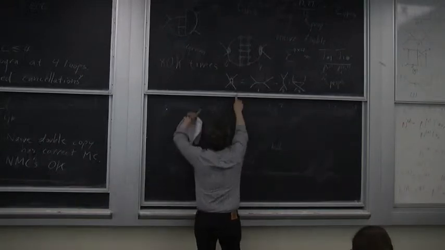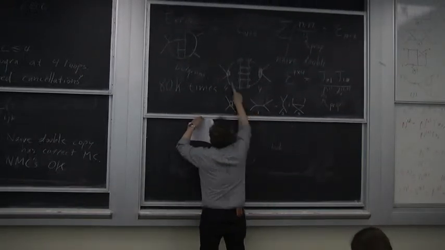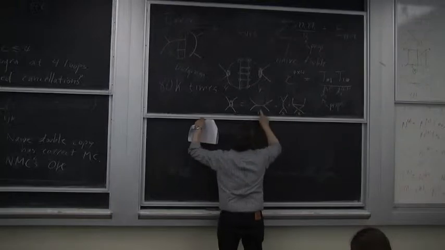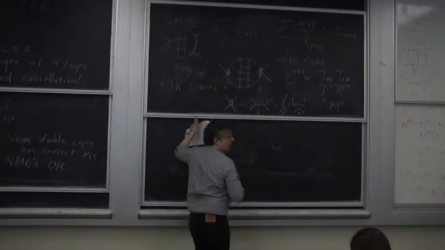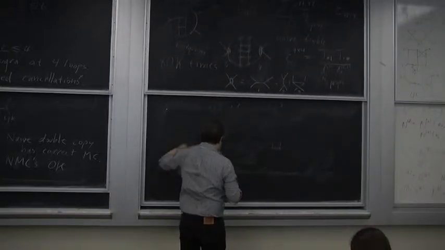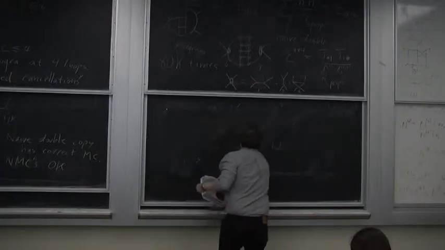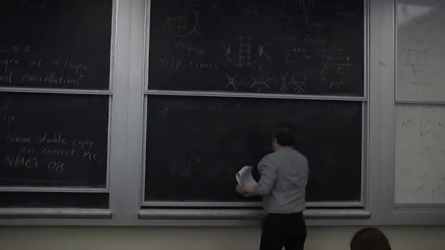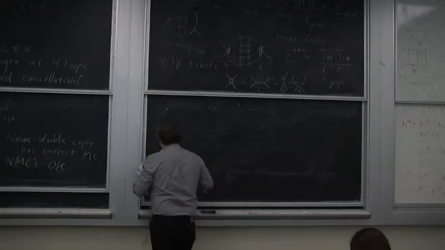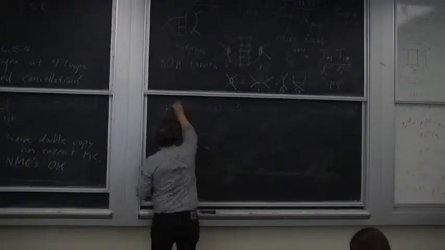So if I take these blobs, I stick it in there, I get 3 diagrams, stick it in there, there's 3 diagrams, so that's a total of 9 diagrams. I need some labels to keep track of it, so maybe I'll have labels for the numerators of those 9 diagrams.